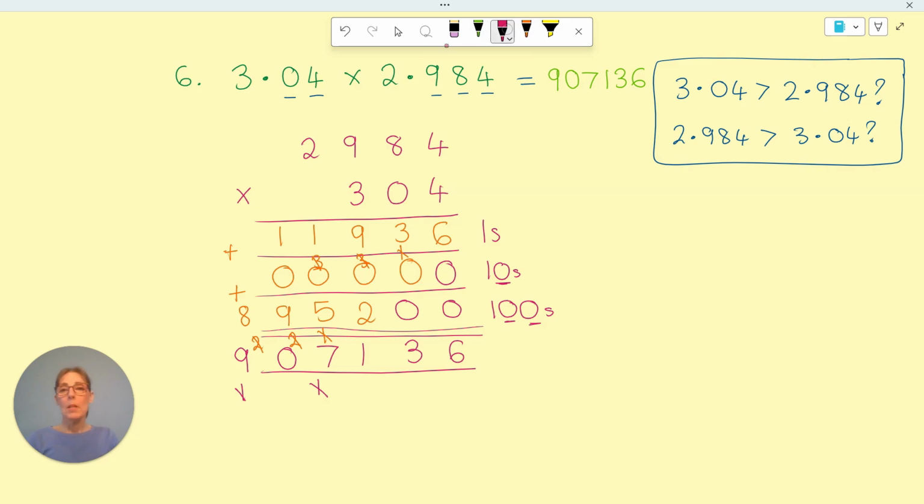But we've got the numbers 3 multiplied by 2. So you're sort of thinking that it's going to be 6, but this says 2.9. So it's not like 3 by 3, which is 9. It's not 907,136. So let's count.